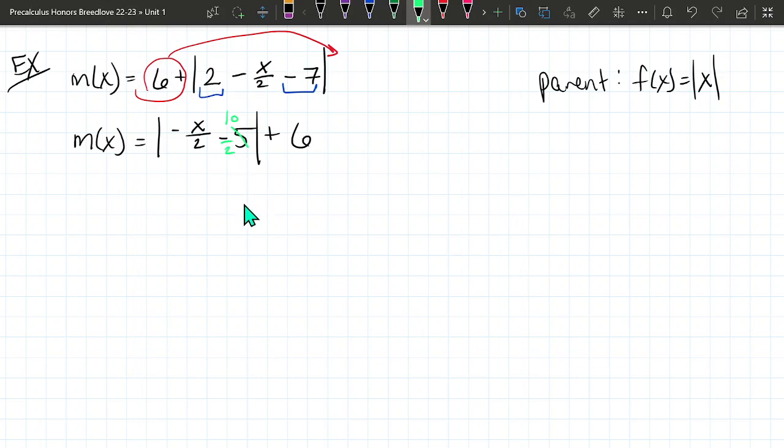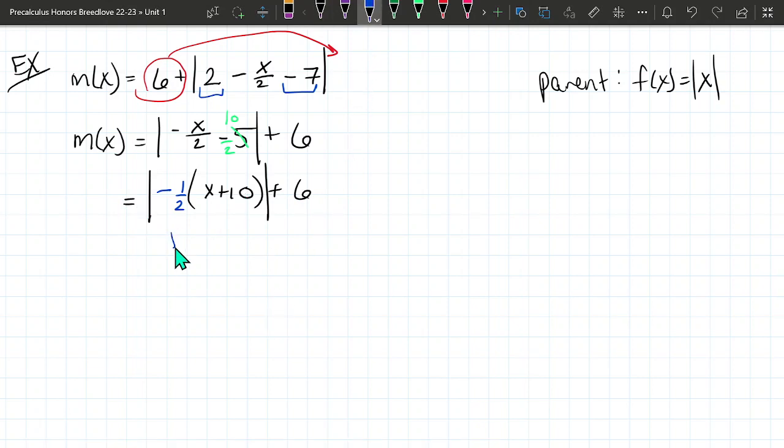Maybe a little bit. Yeah. And then we can bring out, I'm just going to change my color, that's a blue one, negative 1/2, and then leave x plus 10 inside. And all of that is inside the absolute value bars. Yes. And then we have the plus 6 on the outside still.